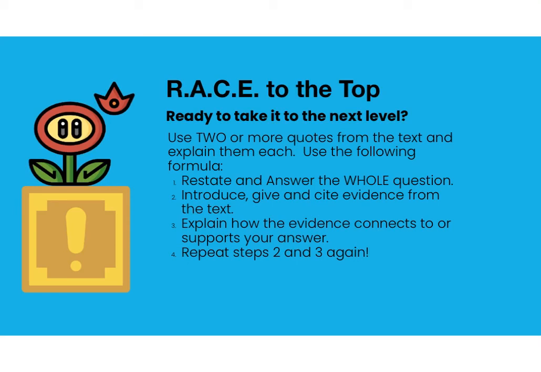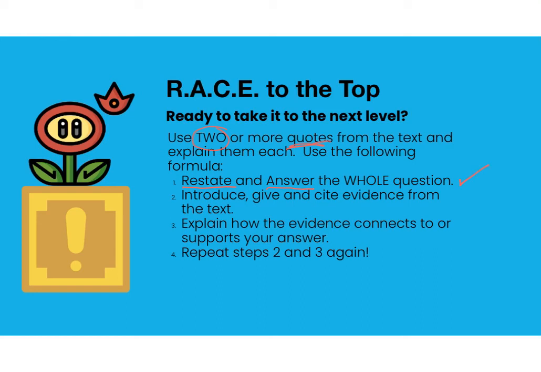So if you're ready to take it to the next level, and eventually we're going to get there, you're going to use two or more quotes from the text and explain each of them using the following formula. Step 1, restate and answer the whole question.